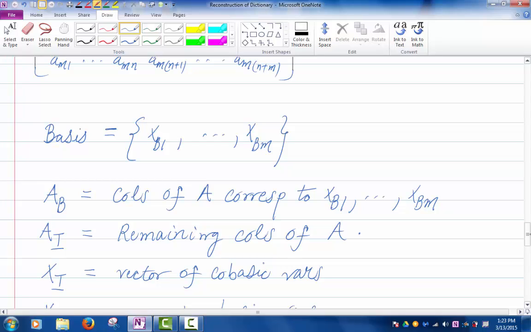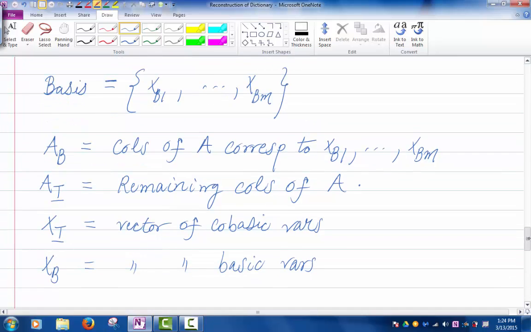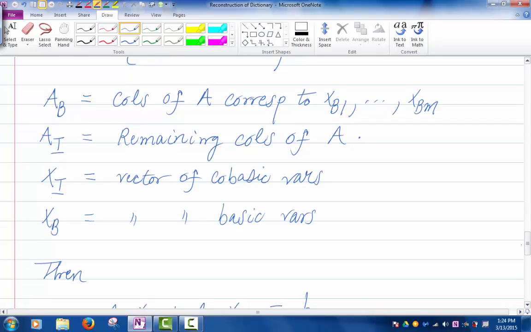And AI will be the remaining columns of A, and they will correspond to the non-basic variables. I'm going to say xi is the vector of non-basic variables, and xb will be the vector of basic variables. Okay? Is everybody clear? So xb is what? xb1, xb2, xb3, up to xbm. Xi is the remaining non-basic variables.